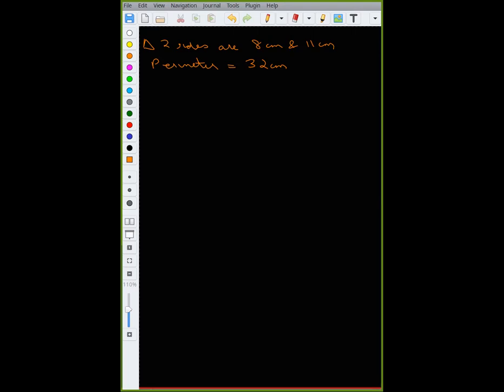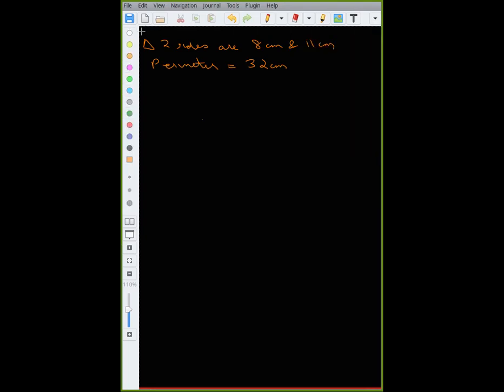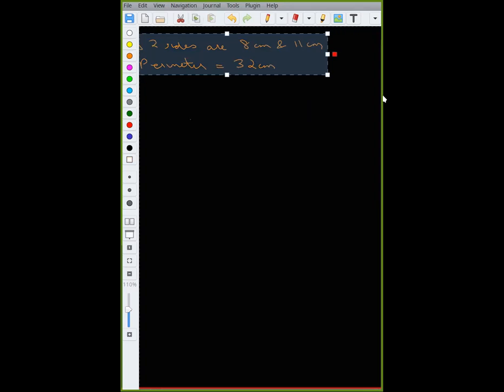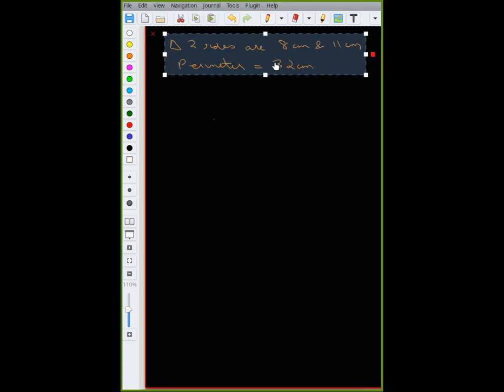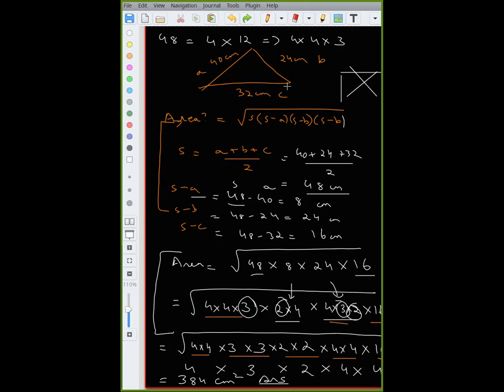Same method. Okay, you want to copy it down, Arpita? Just give me a second. Rest of you quickly copy this sum down. Eight and 11 are the sides, and perimeter is 32. Arpita, question for you. If you want, just take a quick screenshot. You can copy it later.